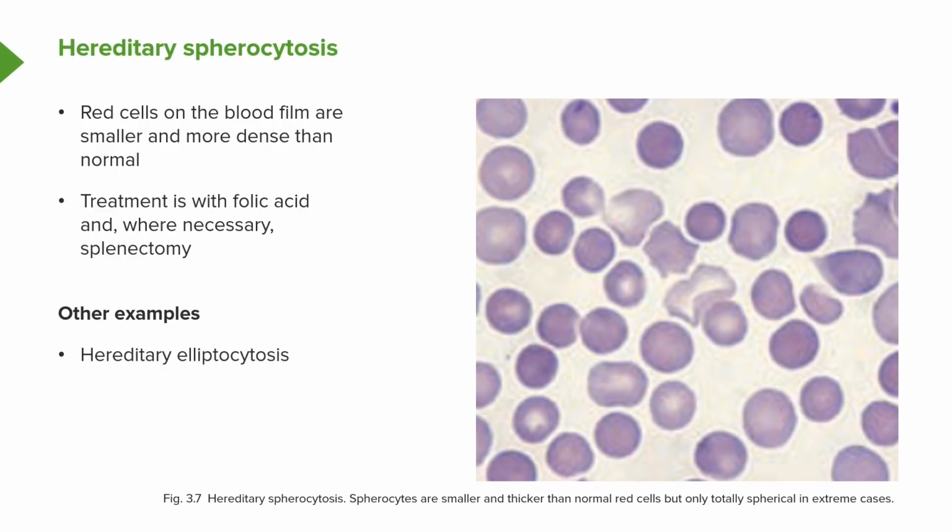Now, these patients often are mildly anemic, and it's a very variable disease depending on the severity of the mutation and how it affects the individual patient. Folic acid can be useful to maintain and support red cell production. And if the patient is getting symptomatically anemic with a low hemoglobin, then you can remove the spleen, and splenectomy will solve the problem.